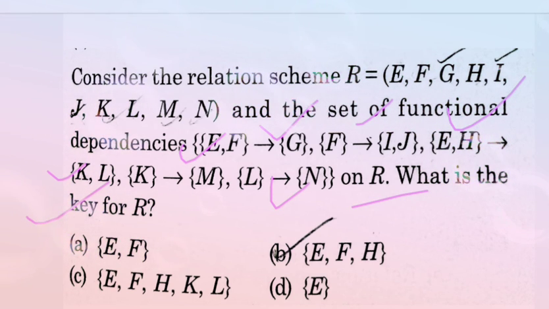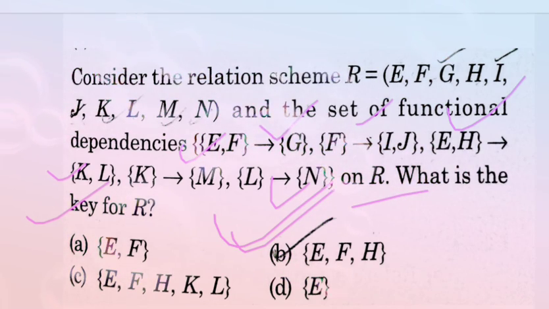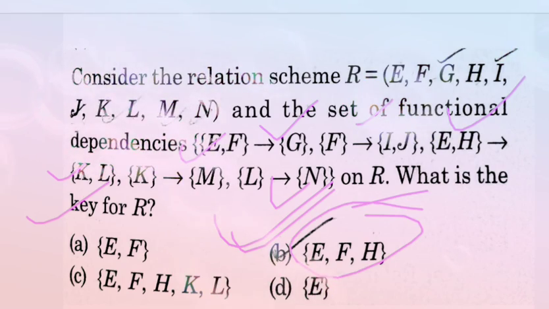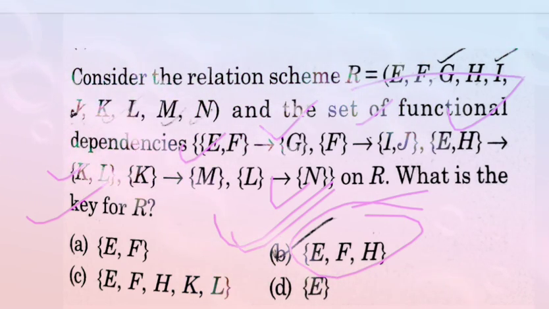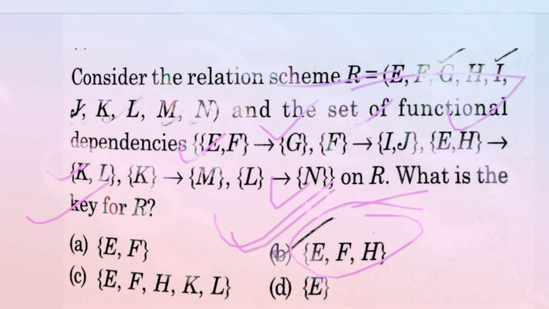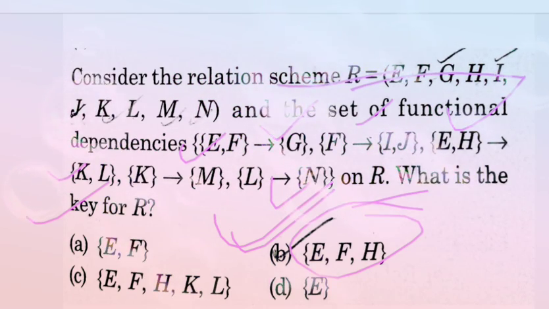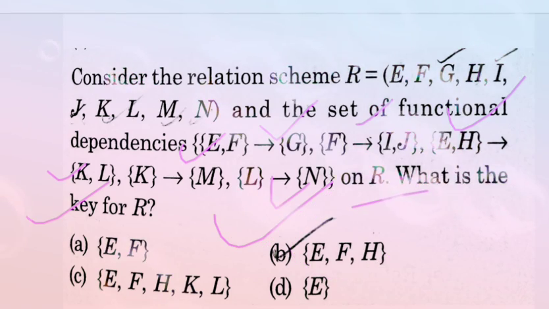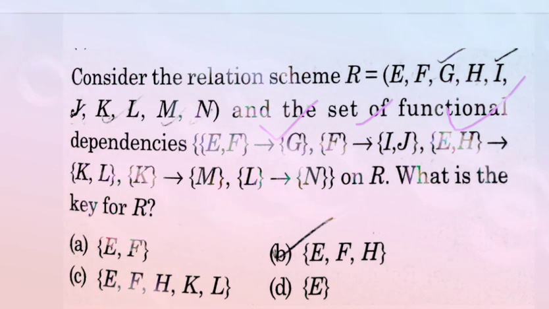The correct answer is option B, E, F, H. Why? Because a set which determines all the elements of the R schema is called the key of R. On the basis of this fundamental, option B is correct.